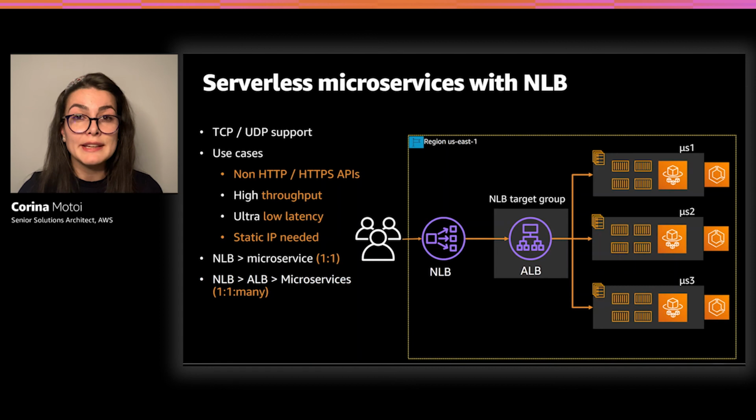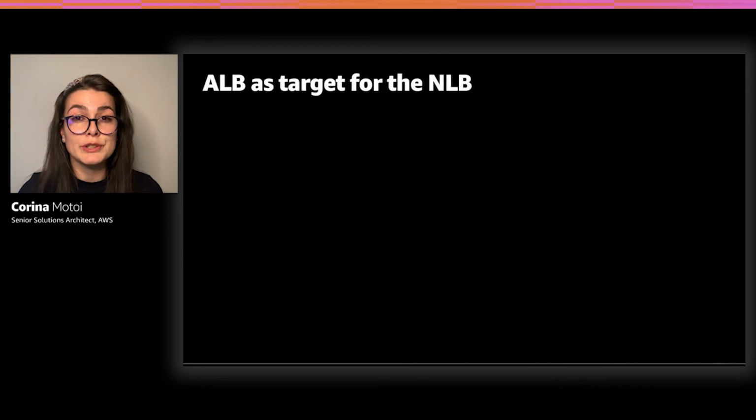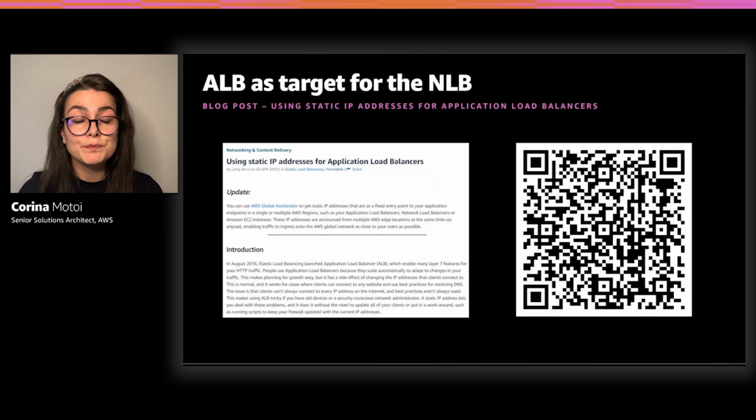So basically the ALB will be part of the NLB target group. This is a workaround. We have a blog post which can give you more details about it, but we're also working on improving that. So please have a look at what's new and our latest updates on the ELB space, and see what we're coming up with on this front.